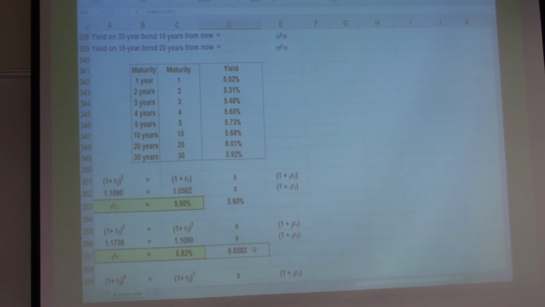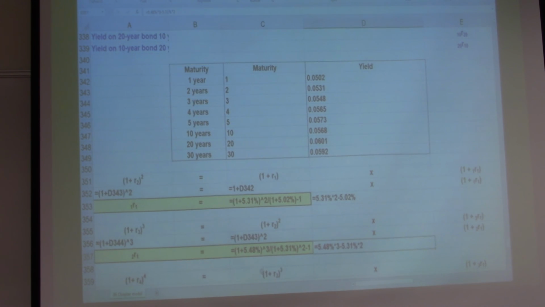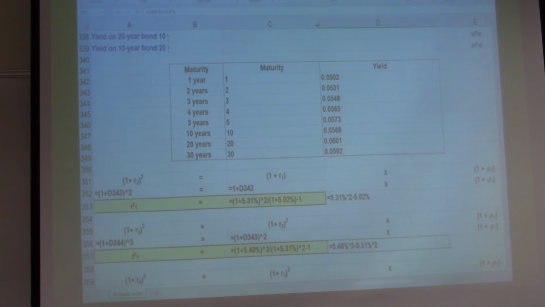It's similar. See, I didn't use their number, but every question for the expectation series is like this. You figure out how the interest rate is set up.